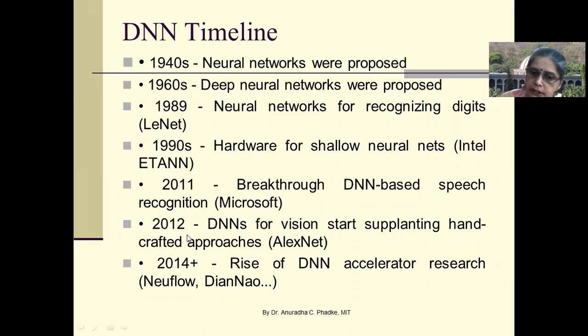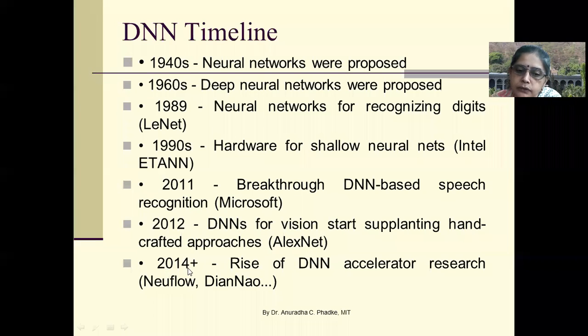Then in 2012, deep neural networks, basically for vision applications, were developed, and one example of a vision based deep neural network is AlexNet.